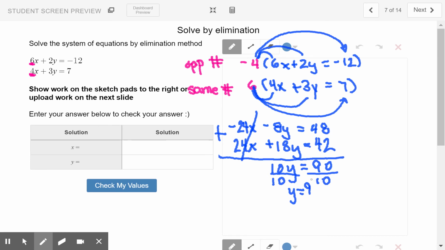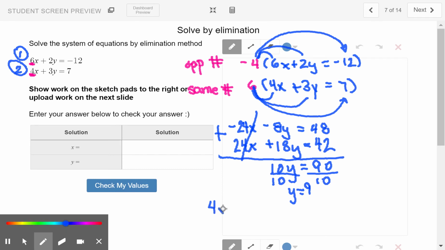Now it becomes a substitution problem where we have to substitute 9 into any one of those equations. I would choose either the first one or the second one. Does not matter. I'll choose the second one because it doesn't involve any negatives, but you'll get the same answer no matter what.